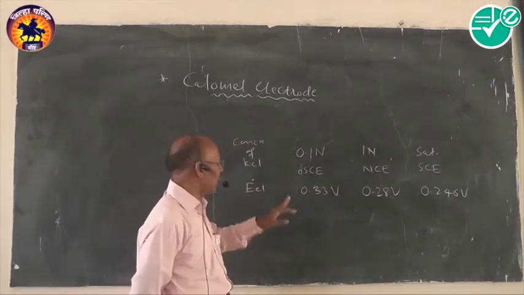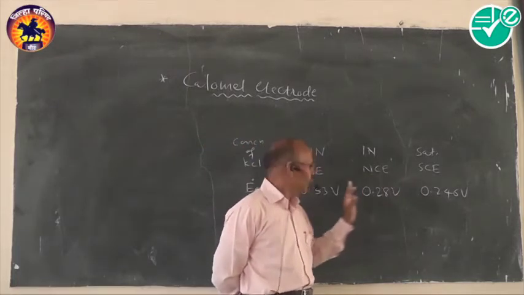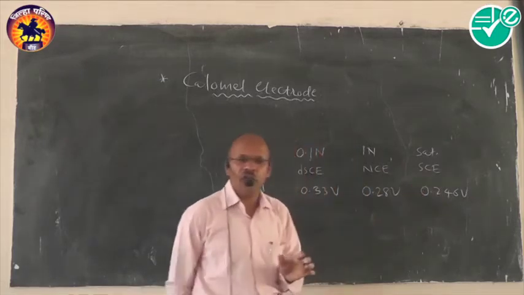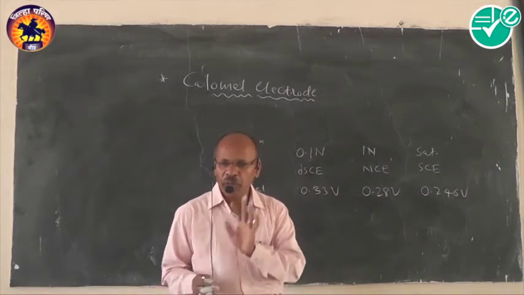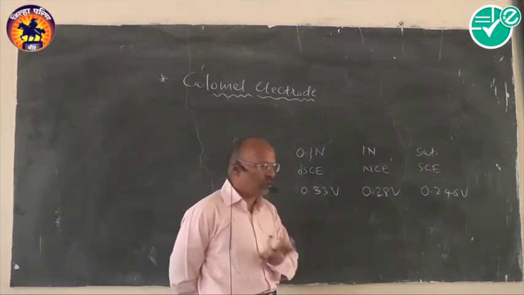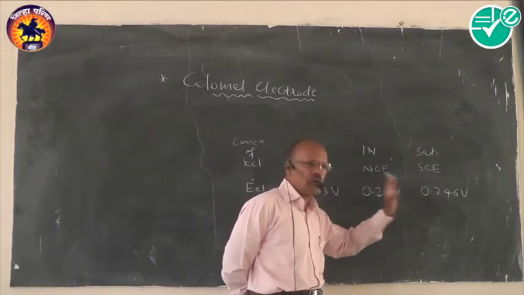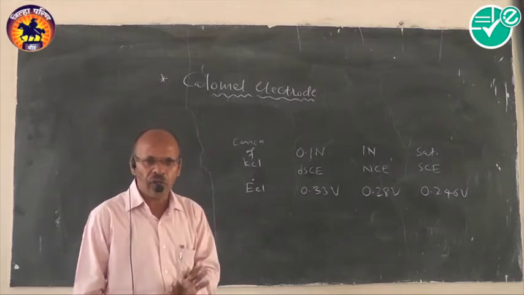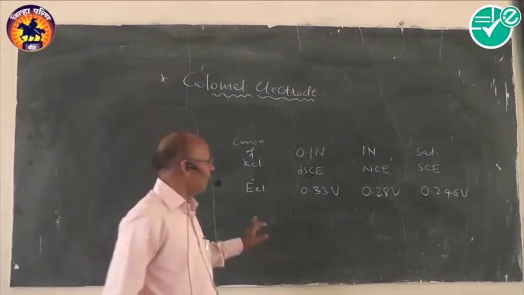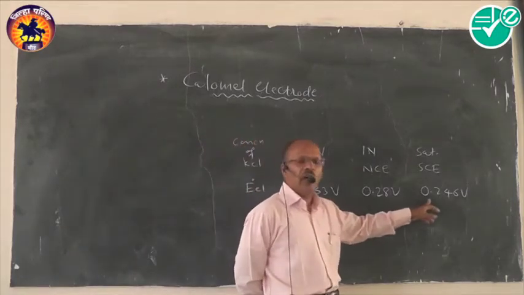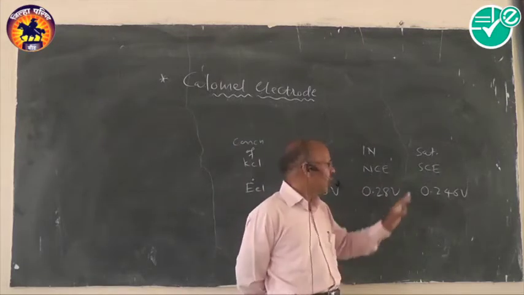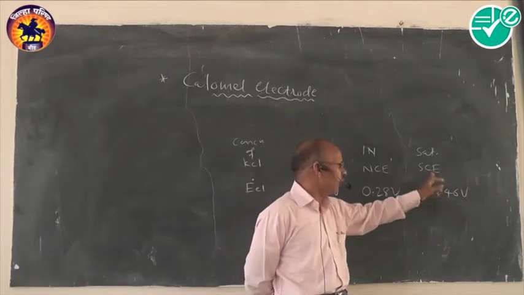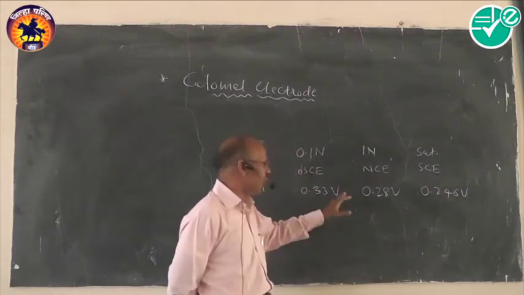It is observed here that with increase in concentration, the electrode potential always decreases. It is observed from this particular observation. So we have to clear this point that with increase in concentration, in case of the calomel electrode, its electrode potential always decreases. And for the saturated calomel electrode, its potential is the lowest, that is 0.246 volt.